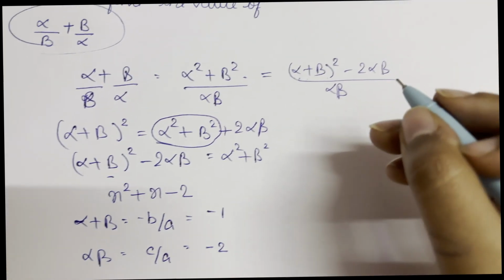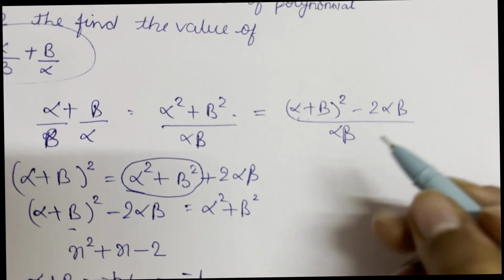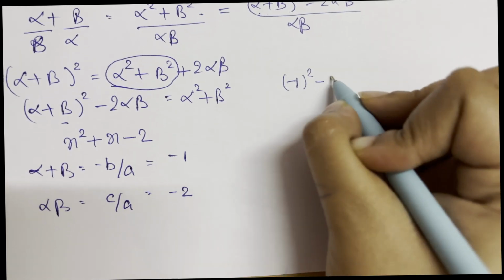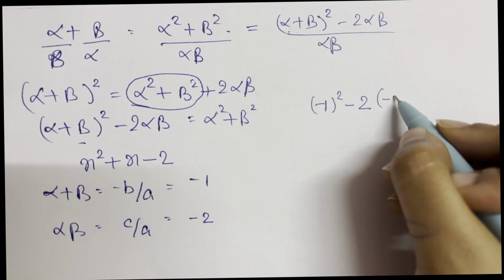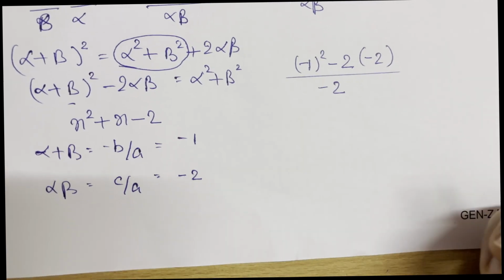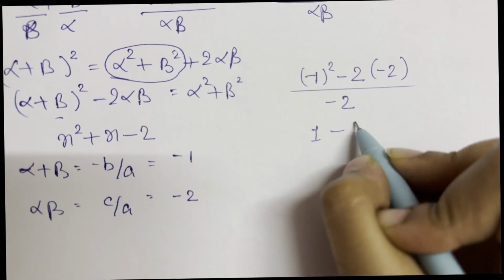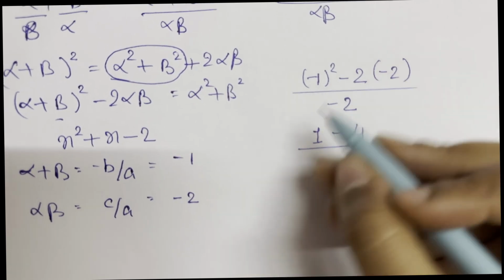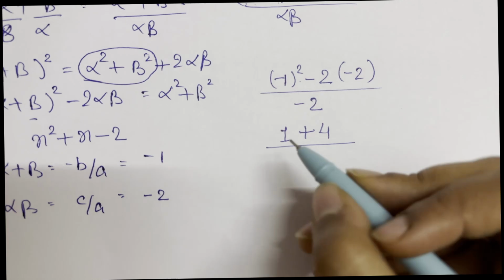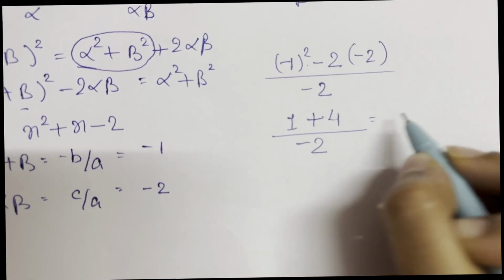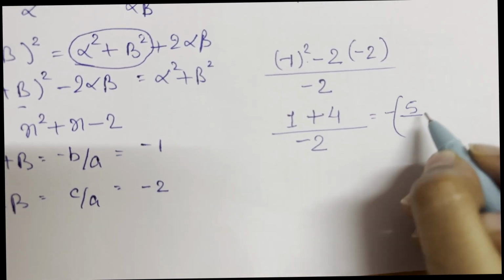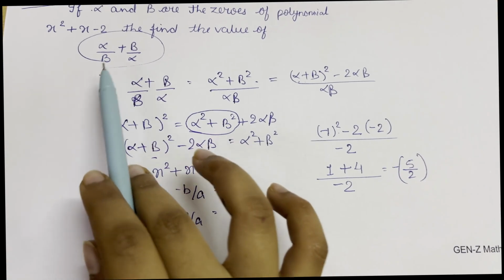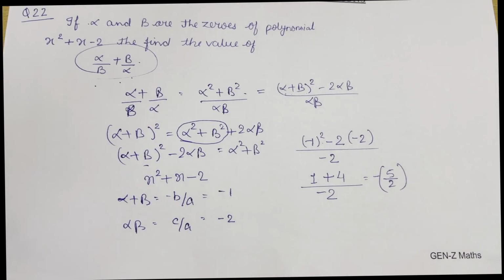Substituting these values, we get minus 1 whole square minus 2 into minus 2 upon minus 2. We get 1 plus 4, since minus and minus become plus, upon minus 2, which is minus 5 by 2. So minus 5 by 2 is equal to alpha upon beta plus beta upon alpha.